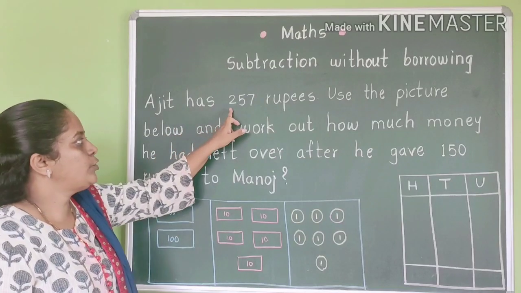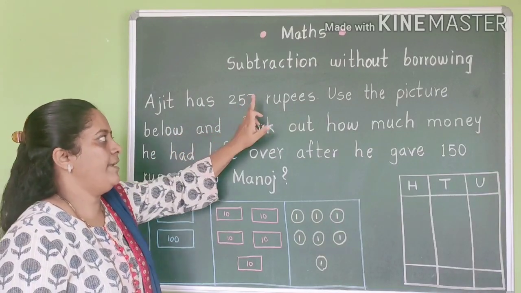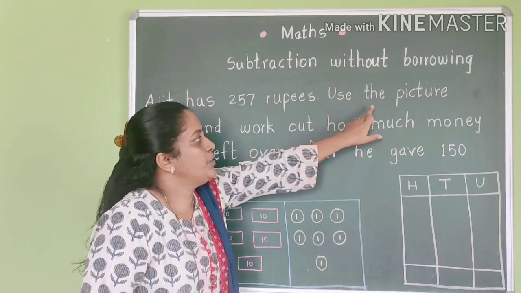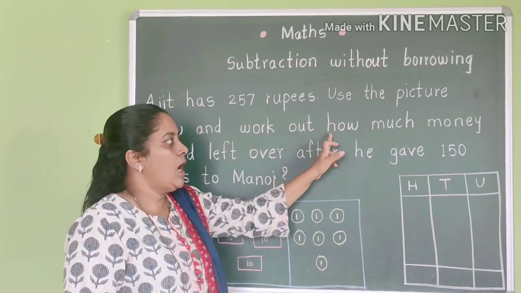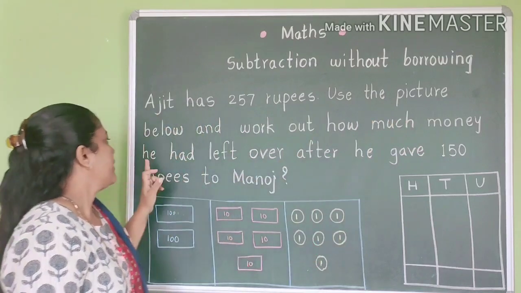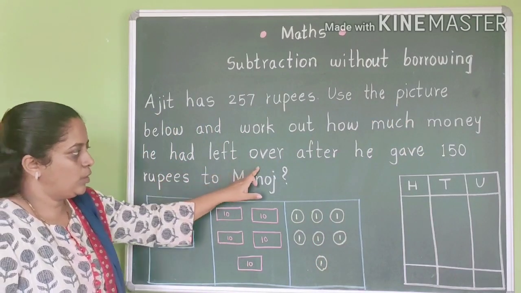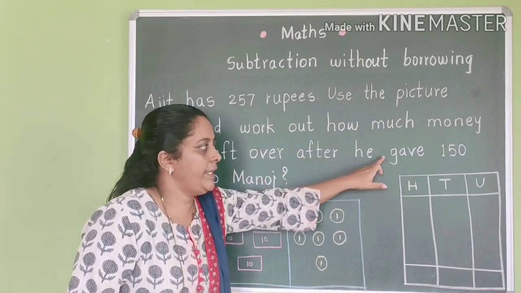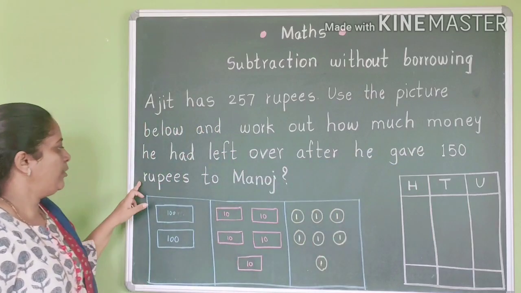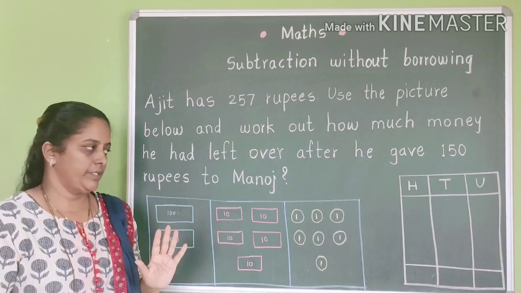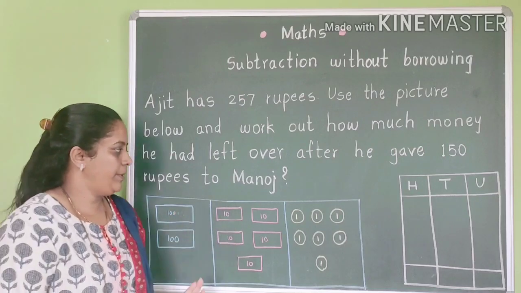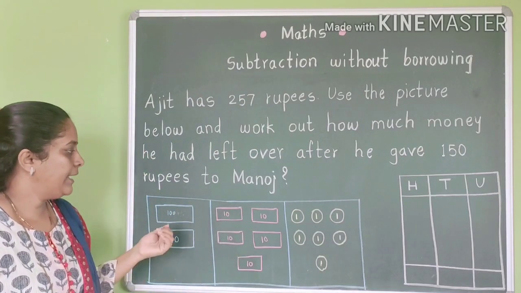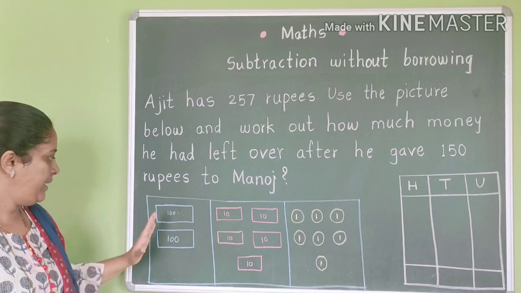Now look at this another example. Ajit has 257 rupees. Use the picture below and work out how much money he had left over after he gave 150 rupees to Manoj. Here is a picture and from this picture we can get the total money.